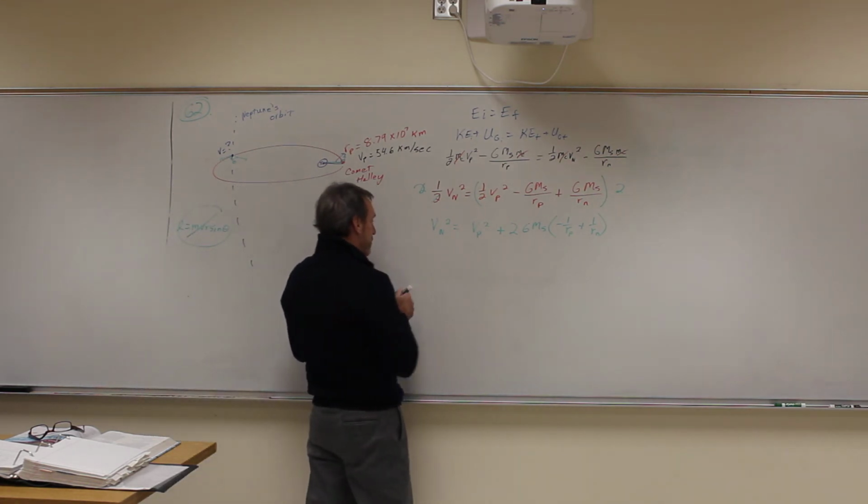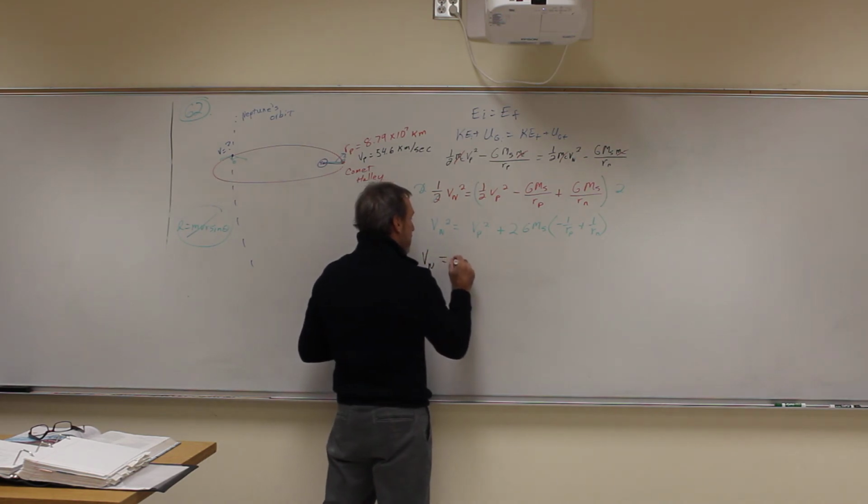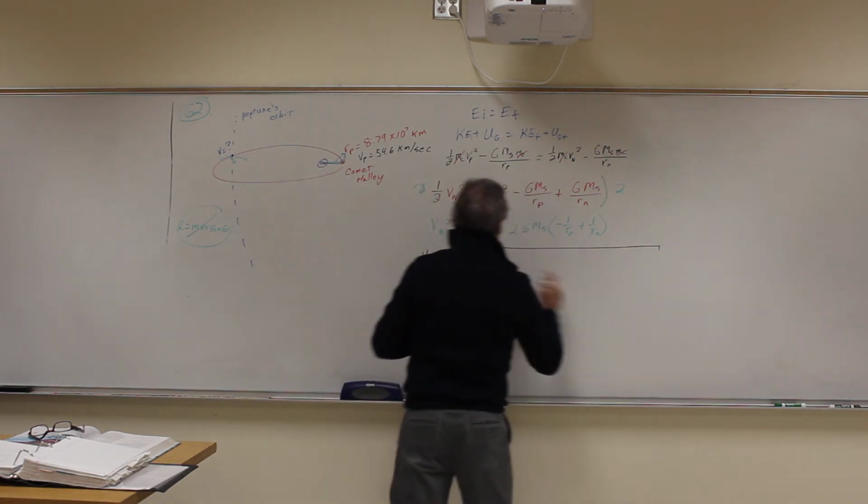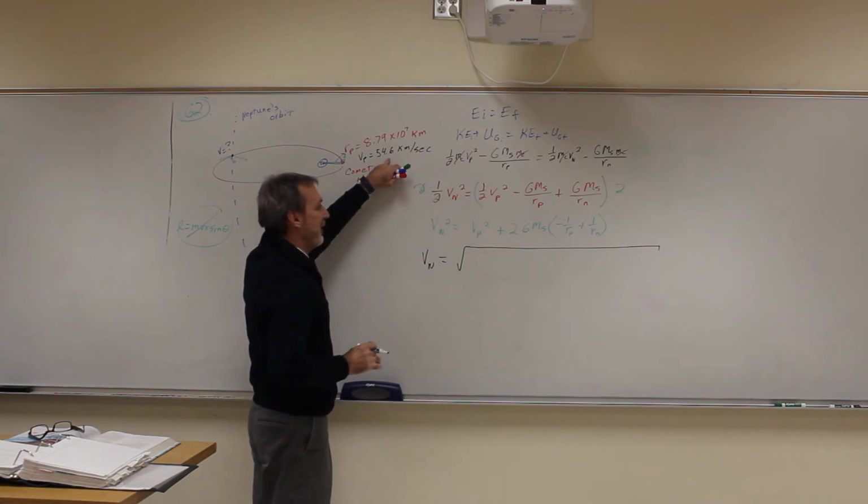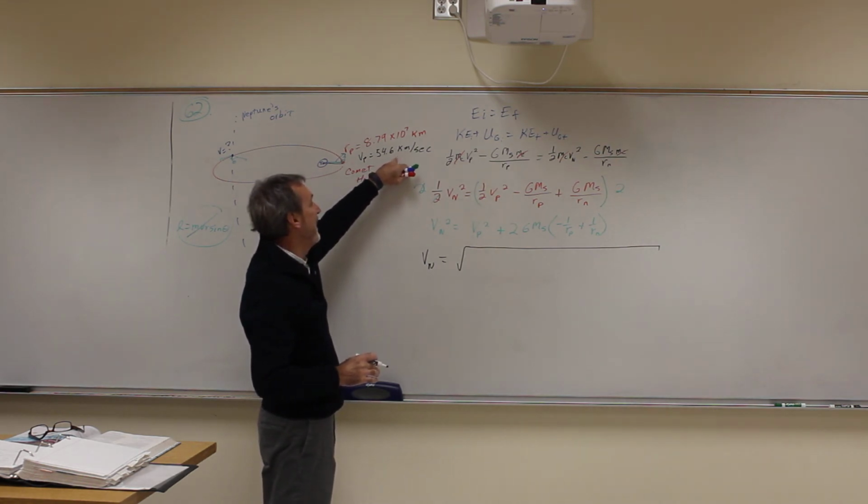So the velocity at Neptune is equal to the square root, and then I just got to put all these numbers in. Notice though, I have to put them in the right units. This is in kilometers per second.